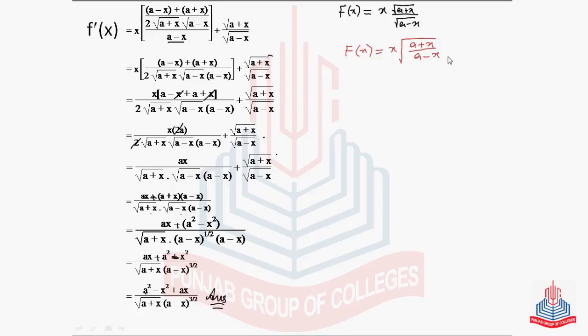So that is actually f of x, and this one is g of x. So we can simplify it by using our product rule when we apply the derivative, and that will be f prime of x, d by dx square root (a plus x) (a minus x) plus square root (a plus x) divided by (a minus x).